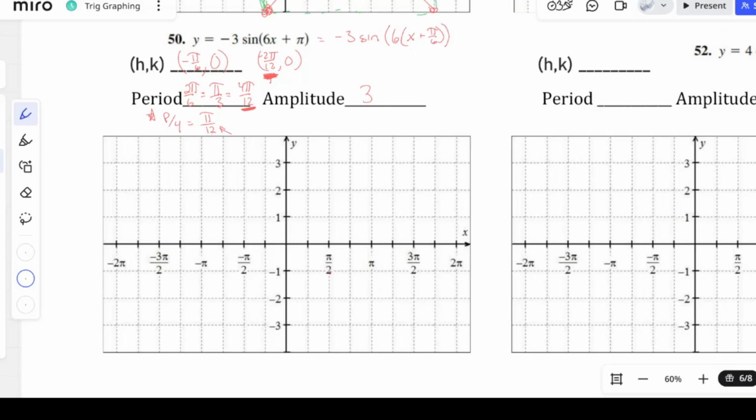Is that a good choice? I think it is. All right. So that's going to make this 2 blocks. Pi over 12, negative 2 pi over 12. All right, that is my HK. And then I'm going to go to the right, 4 pi over 12. 1, 2, 3, 4, but that's not correct. So I need to start from my HK and then go 4 blocks to the right.